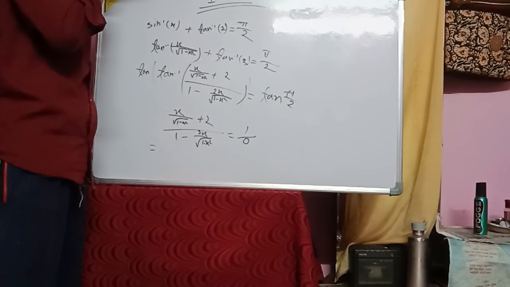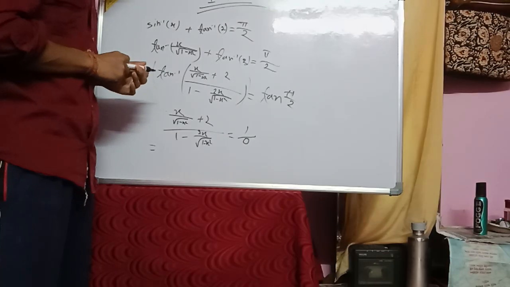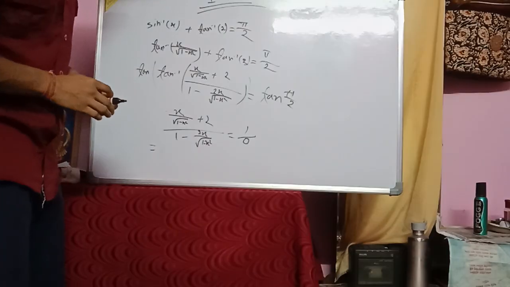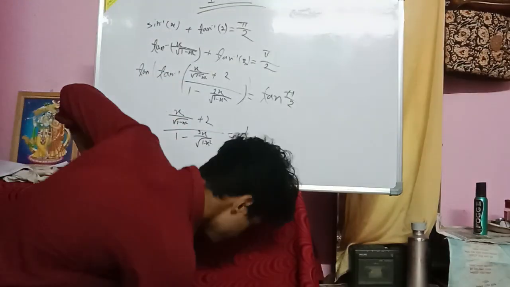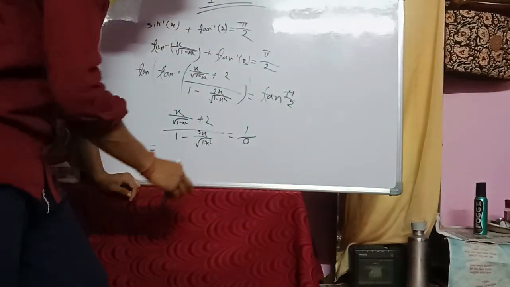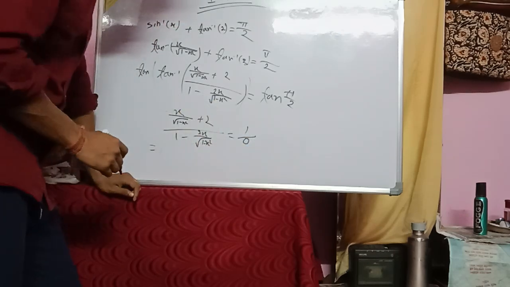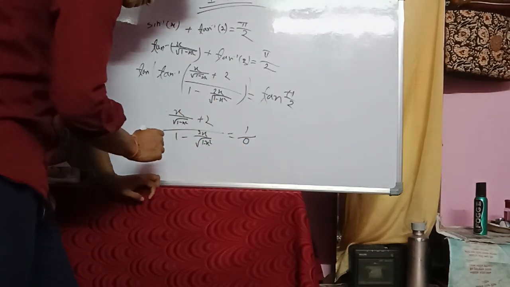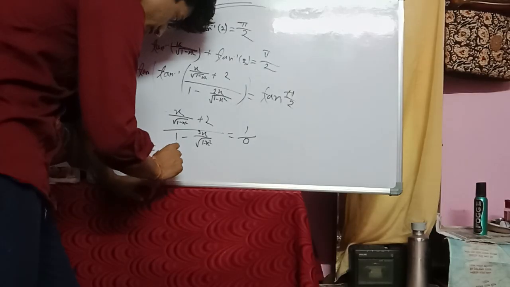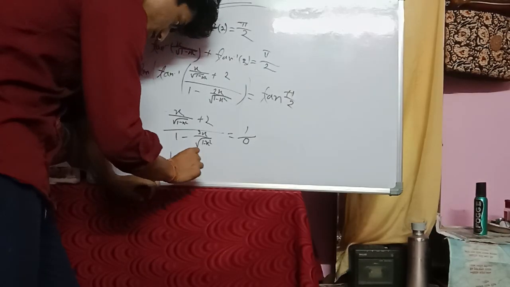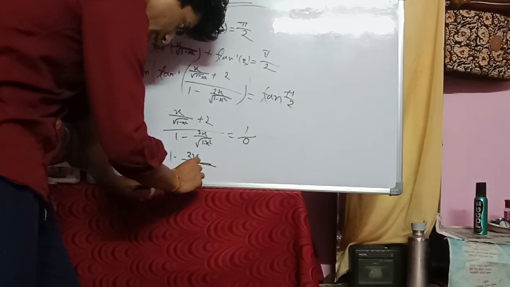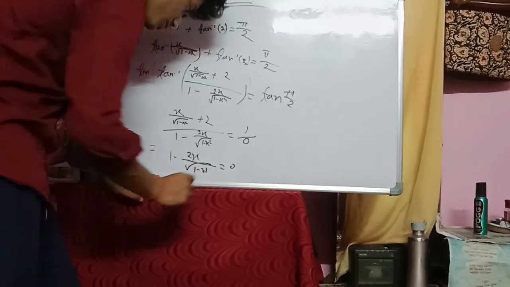We can actually just switch sides here. So we would have 1 minus 2x over root over 1 minus x square equals 0.